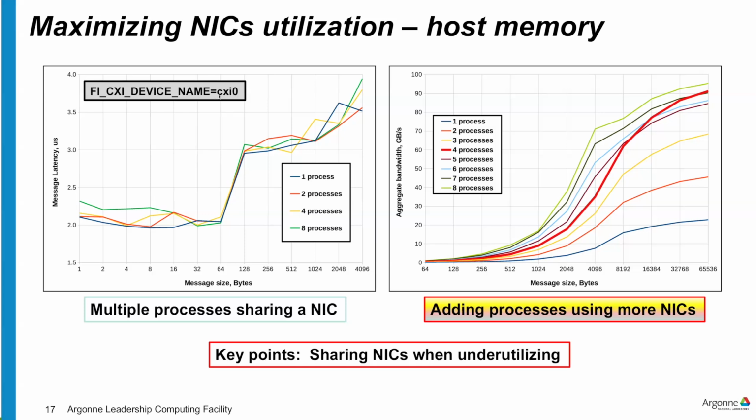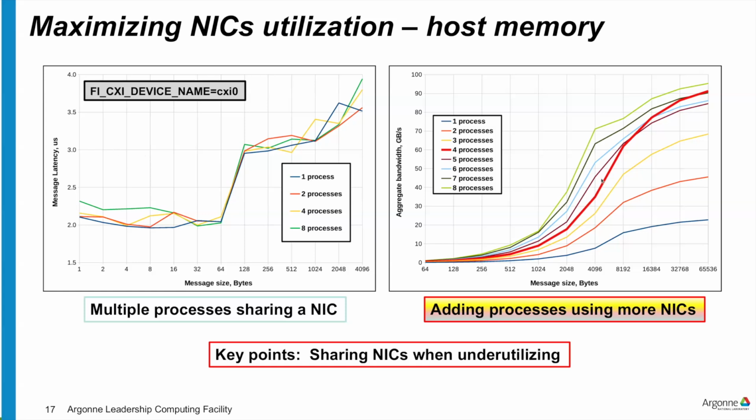We have 8 NICs, so cxi0, 1, 2, 3, 4, 5, 6, and 7. That's what could be used in here. Or you can use more than one CXI NIC device attached to the MPI process if you know how to use those and if you program them yourself.